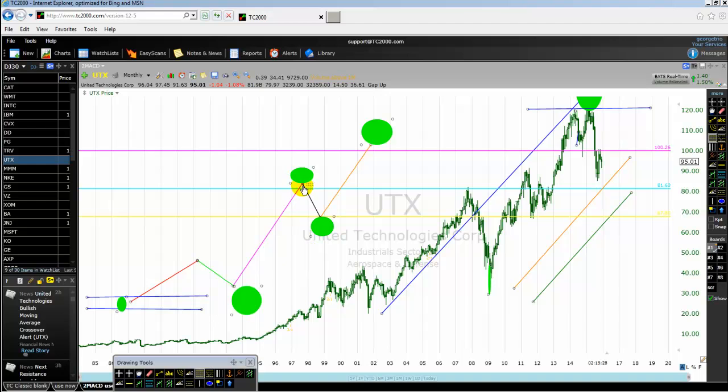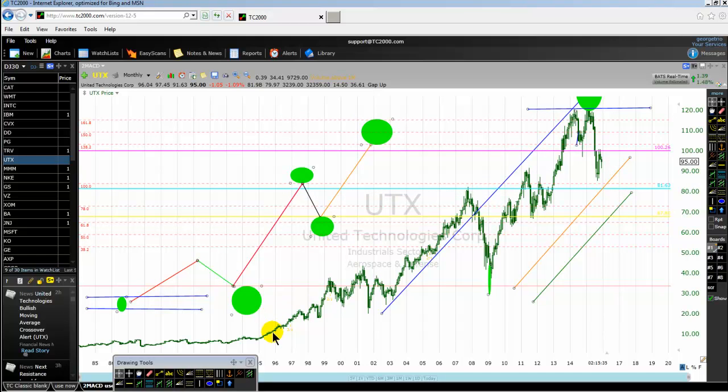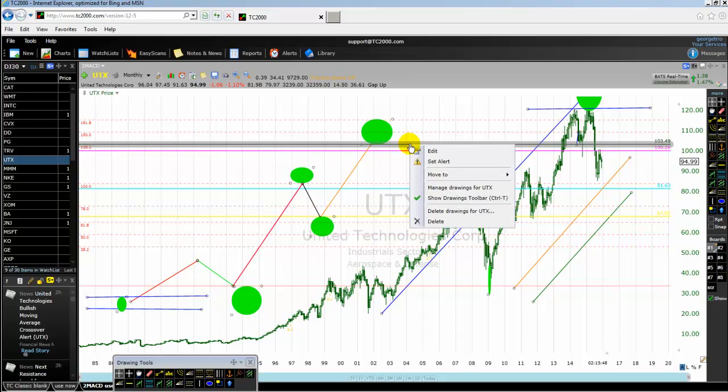So let's apply the Fibonacci extensions to the third Elliott wave. And the level that I want traders to highlight is the 138.2% Fibonacci extension level of the third Elliott wave.